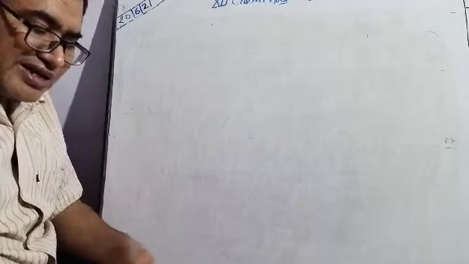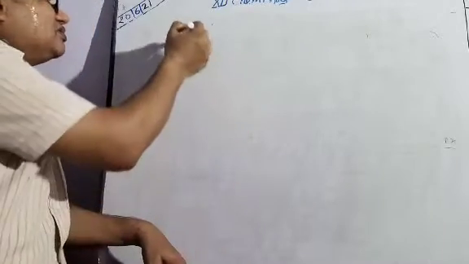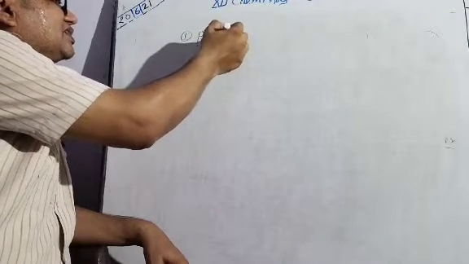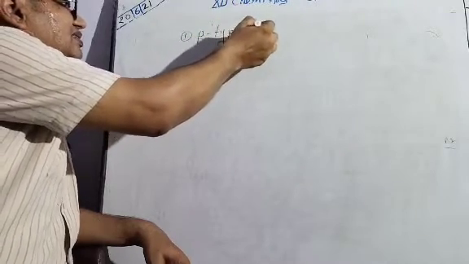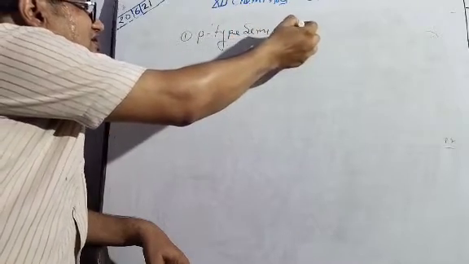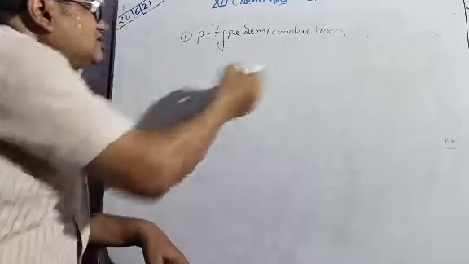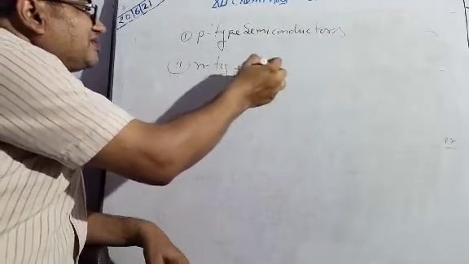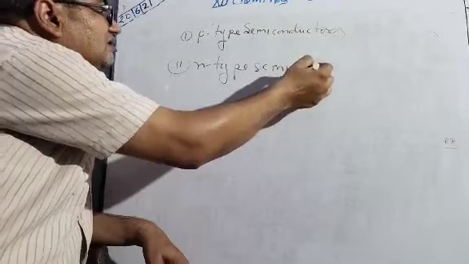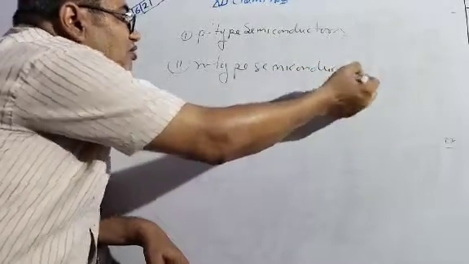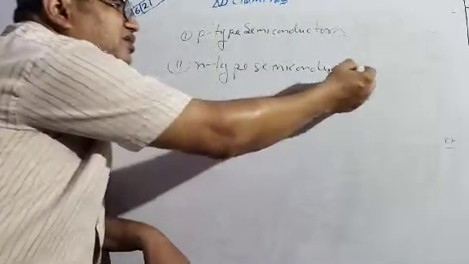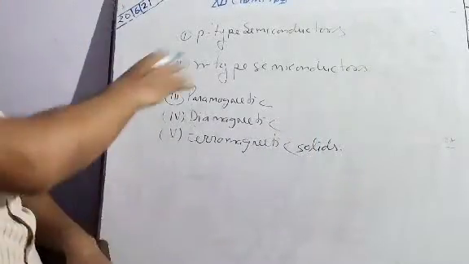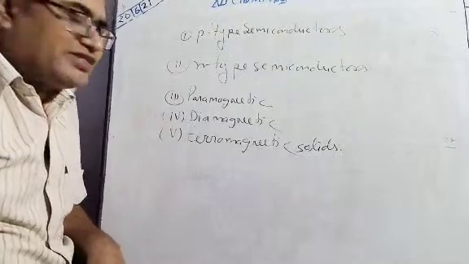Before going to magnetic behavior, I would like to discuss p-type semiconductors, and second one, n-type semiconductors. First of all, I have to write down all the names.